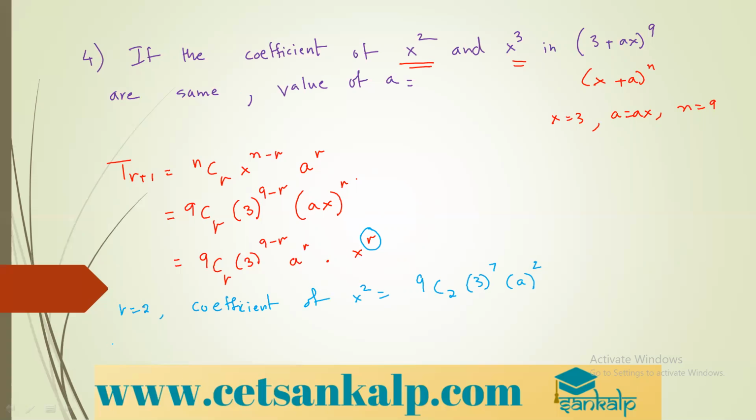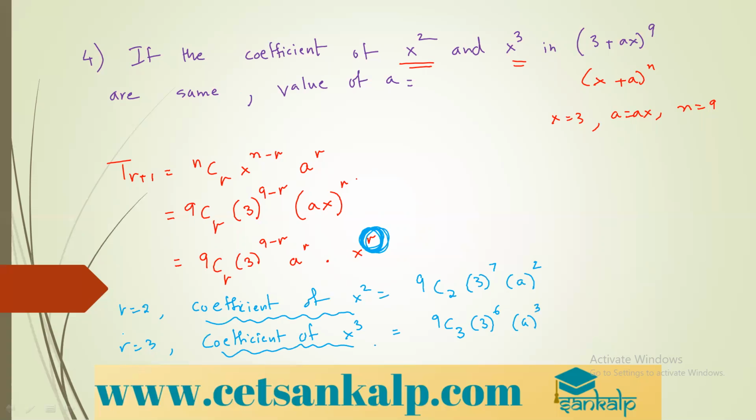And if I want the coefficient of x cube, I have to put r as 3. So if I put r as 3, I will get the coefficient of x cube. That is r is 3. 3 power 9 minus 3 is 6. A power 3. Now I found the coefficient of x square and the coefficient of x cube.